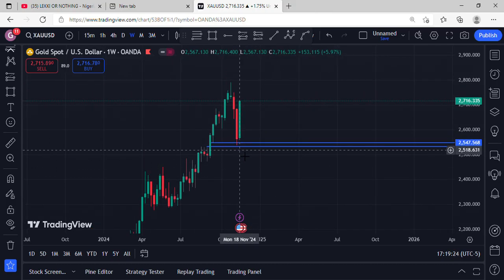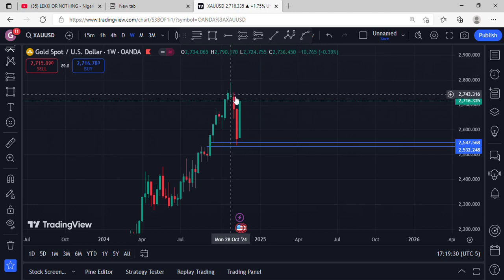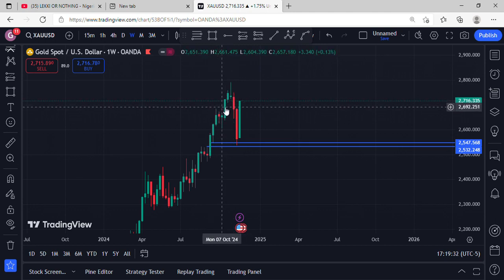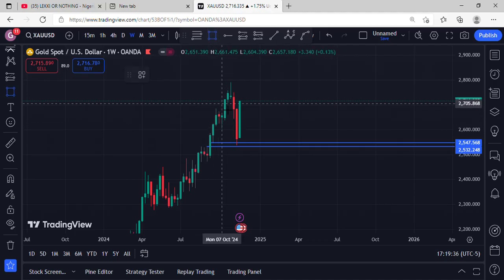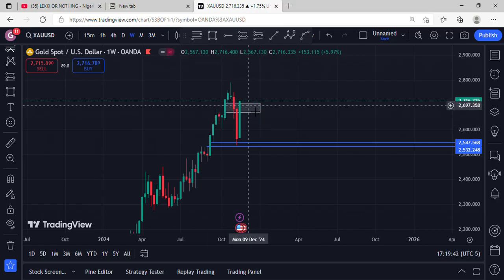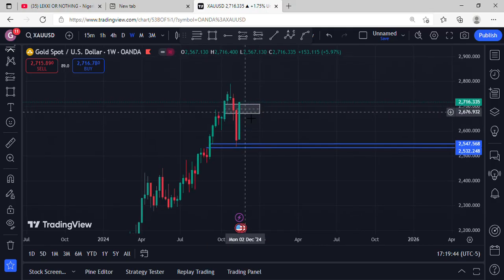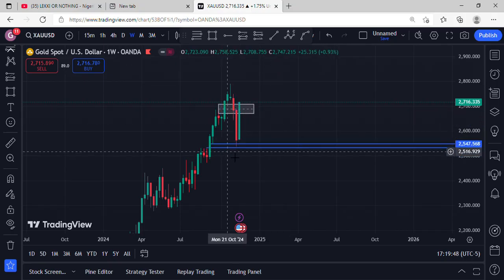And so inside of this we have that, then price trades down, disrespects this weekly fair value gap, and then runs into this weekly fair value gap.